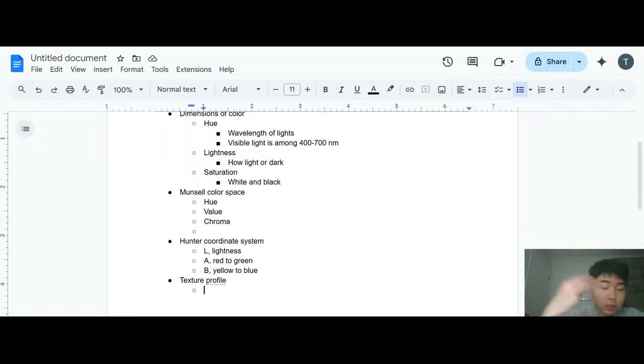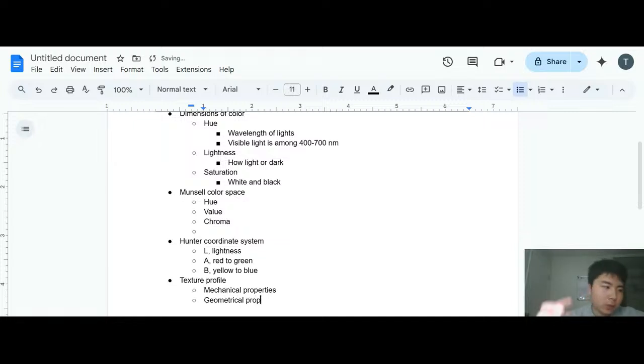And next, the third attribute for texture profile is fat and moisture content. It is easy to understand: moistness, dryness, oiliness, fattiness. So essentially, first mechanical properties and geometrical properties.